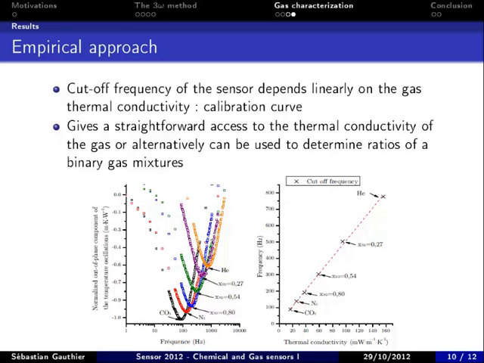And now if we plot the cutoff frequency as a function of the thermal conductivity of the gases we tested, we can see that we have a straight line, meaning that this curve could be used as a calibration curve to relate the cutoff frequency and the thermal conductivity. So if we have a gas that we don't know, measuring the cutoff frequency of our system could allow us to measure the thermal conductivity.